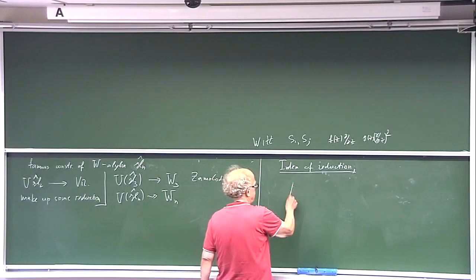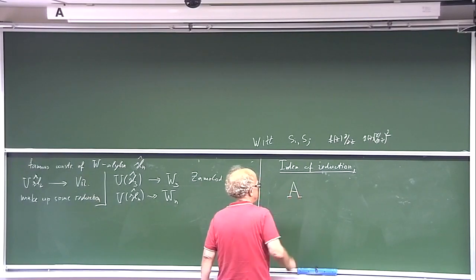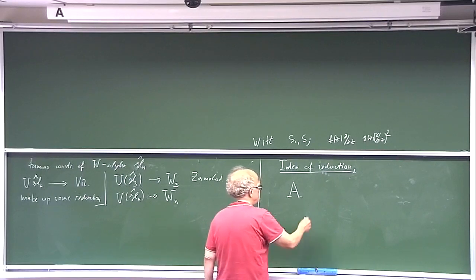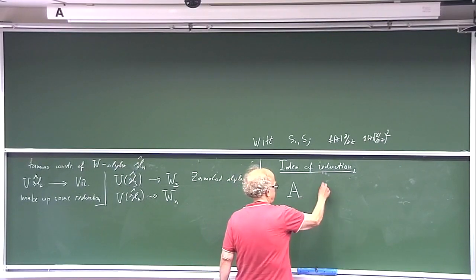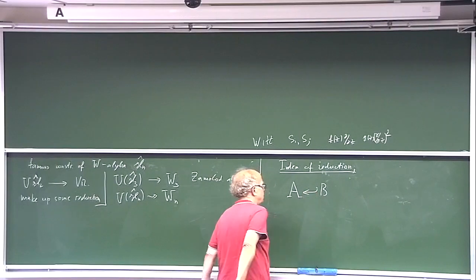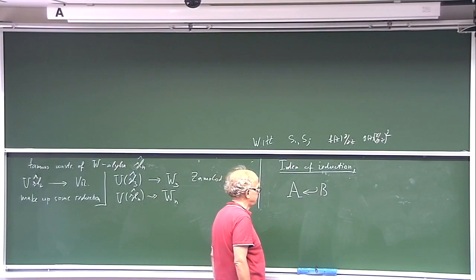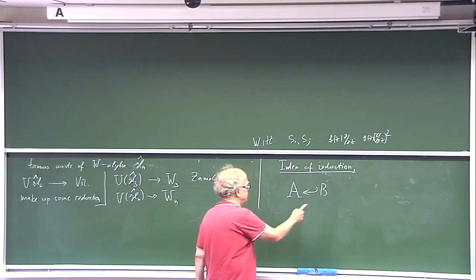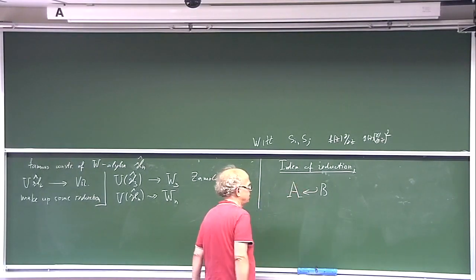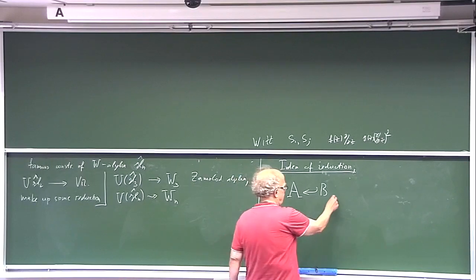If you have an associative algebra A, and if you have an associative subalgebra B, then we construct a new algebra from that in the following way.